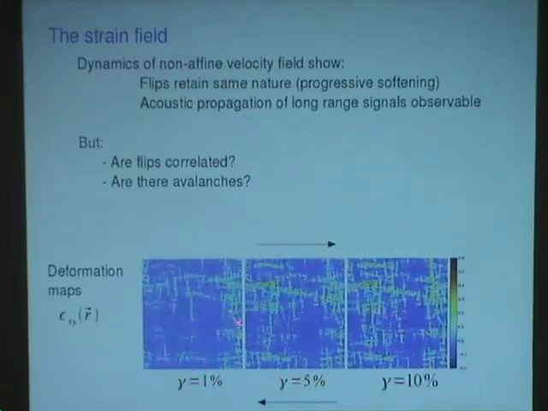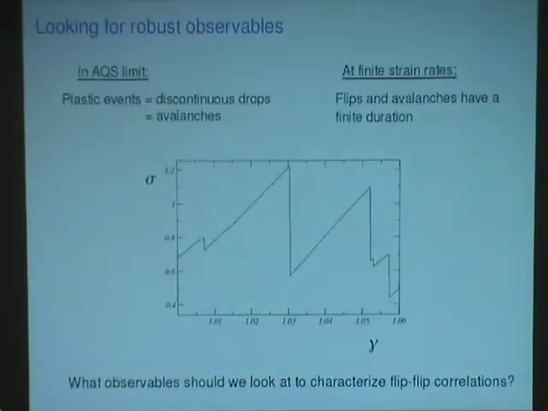Here are maps of the local strain, and what you see is that the local strain accumulates in a very non-homogeneous manner, with a lot of directionality. This directionality must come from the fact that you have directional interaction, which is exactly what HLB tells you. Okay, that's just a picture, and the problem now is that we want to be quantitative.